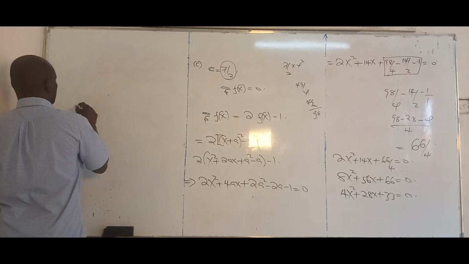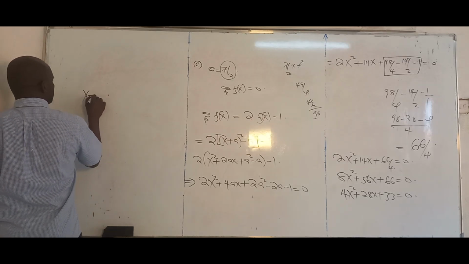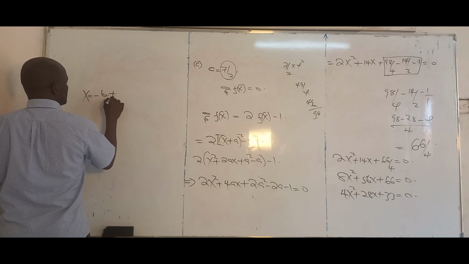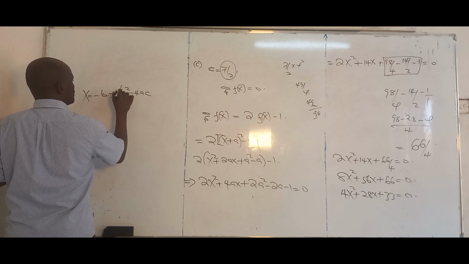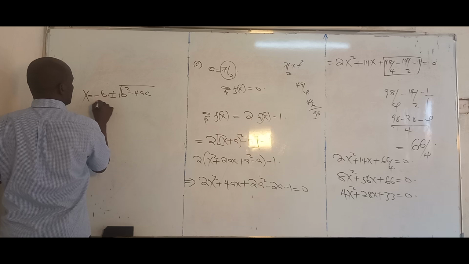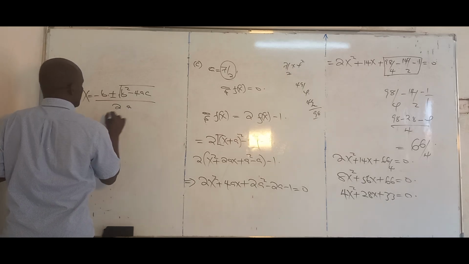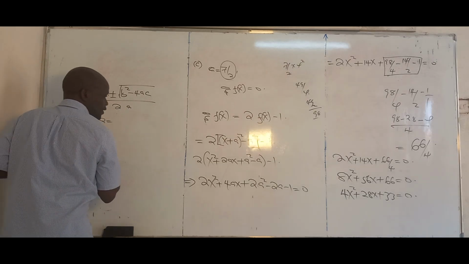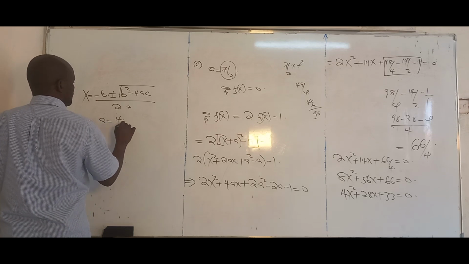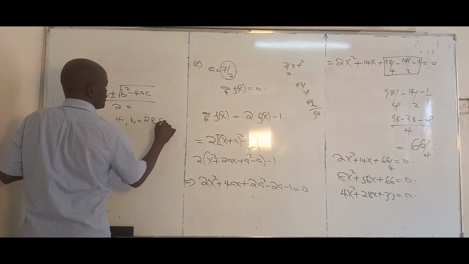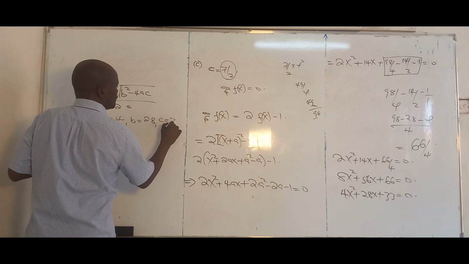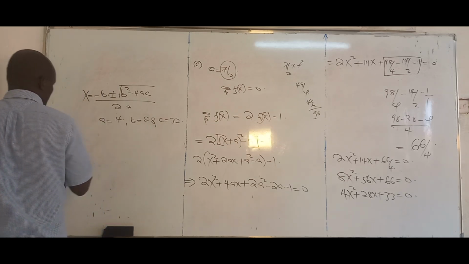The quadratic formula will have it that x is given by minus b plus or minus the square root of b squared minus 4ac, all over 2a. And our a in this case is 4, b is 28, and c is 33. Let's see what we get.